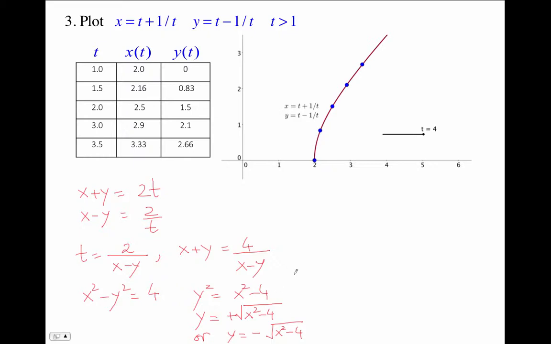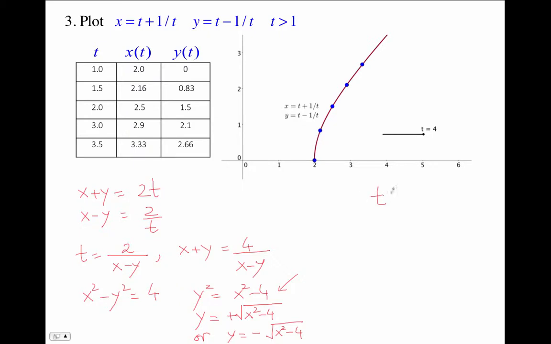Now, if we look at this equation, we see that this gives a relation between x and y for all values of x. Here, on the other hand, we're only looking at positive values of x between 2 and infinity. So we haven't got the complete curve as yet.